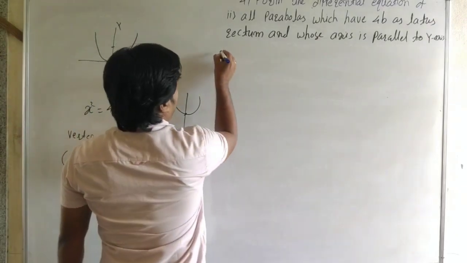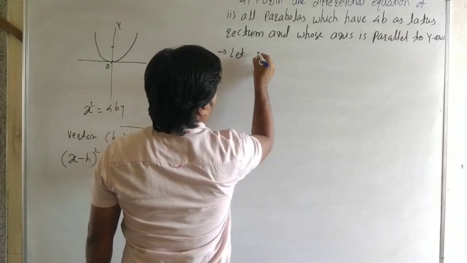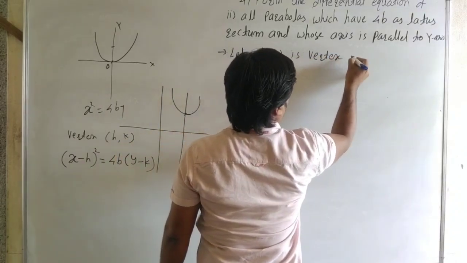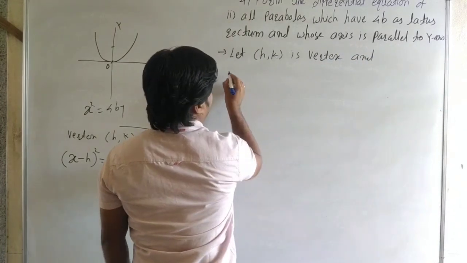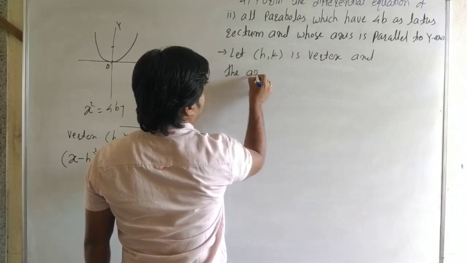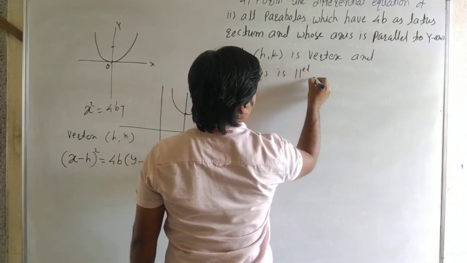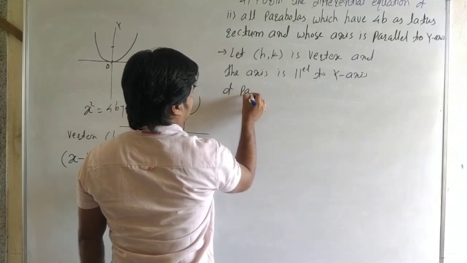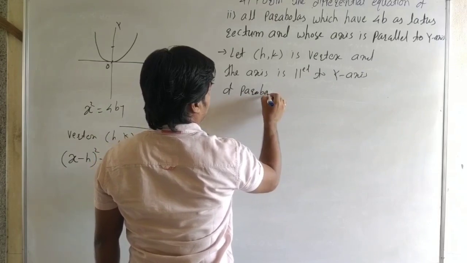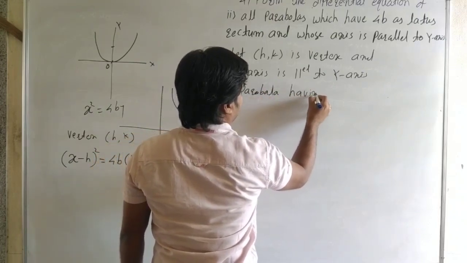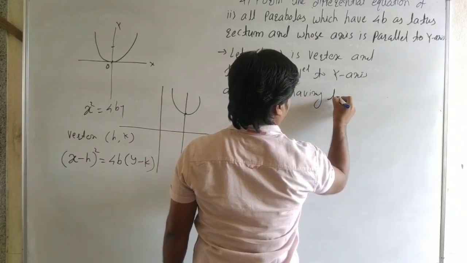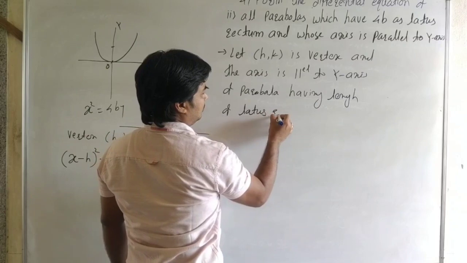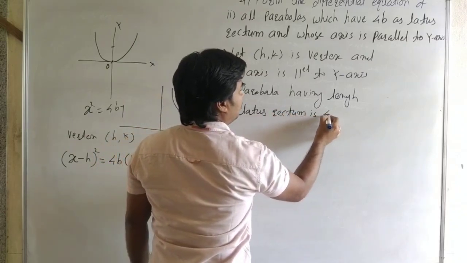Now here let h comma k be the vertex and the axis of the parabola be parallel to the y-axis, having length of latus rectum 4b.